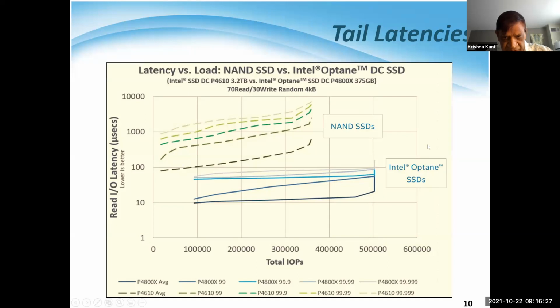Here is another chart, again from Intel, and it shows you what happens to the tail of the latency. It's a little bit hard to read, but these are different levels of tail. For example, here is the 99.99% latency, and you can see that these latencies are also kind of flat over the IOPS range, which is a good thing.